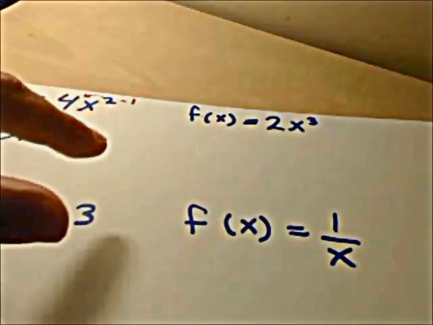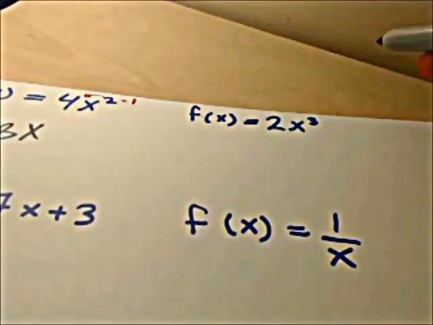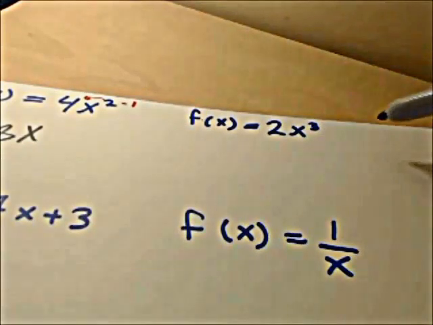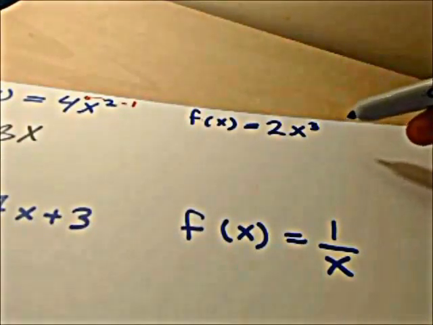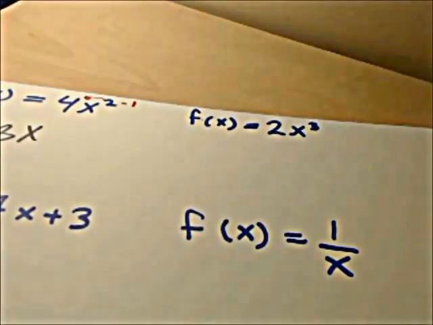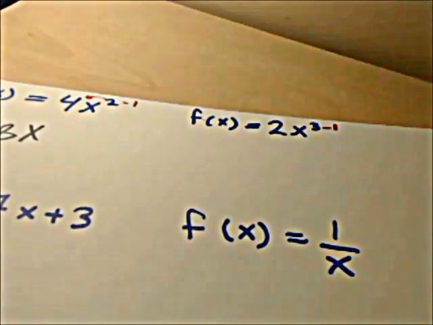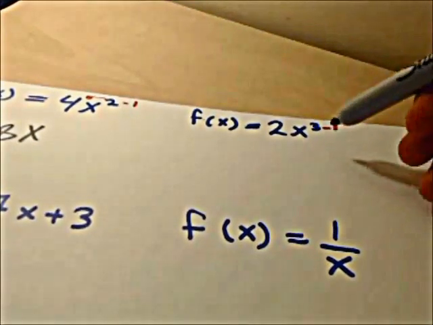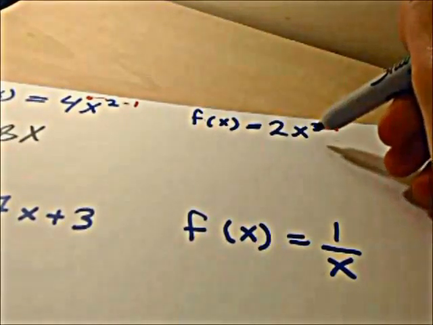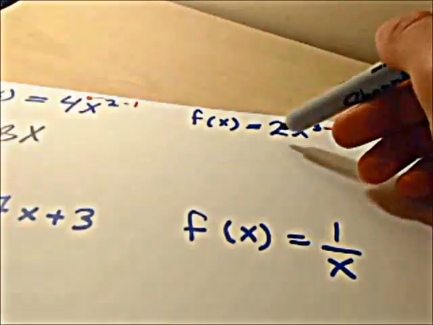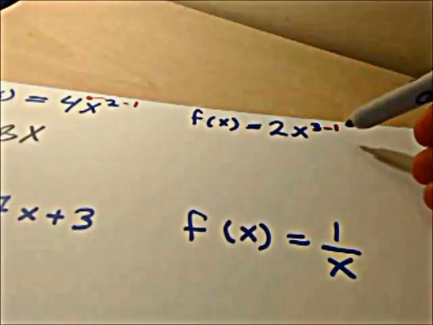We're going to move to the next example, which is f(x) equals 2x to the power 3. Again, we do exactly the same thing. What we actually do is multiply the power first by the coefficient and then subtract 1.